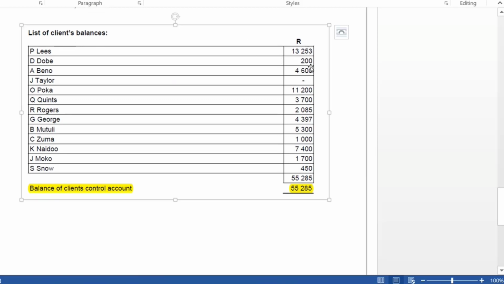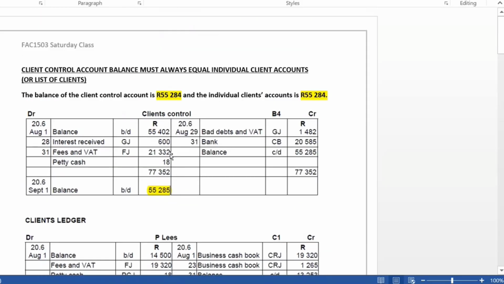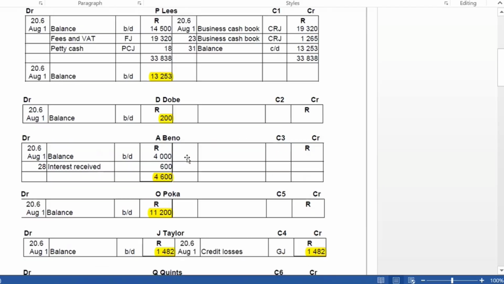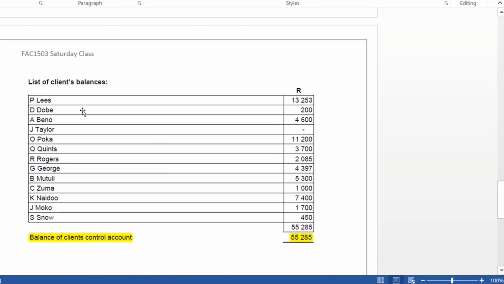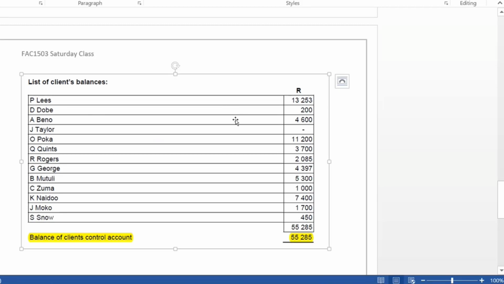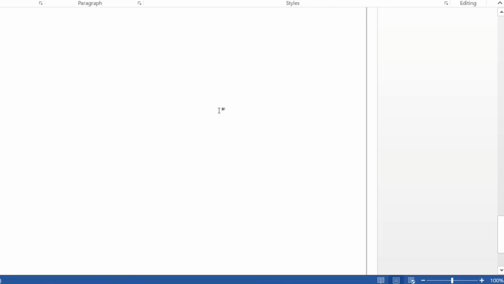This is the list of client balances, and all in all it is 55,285, equal to the client control account of 55,285. So all the individual client balances are here, and they must all equal the client control account.